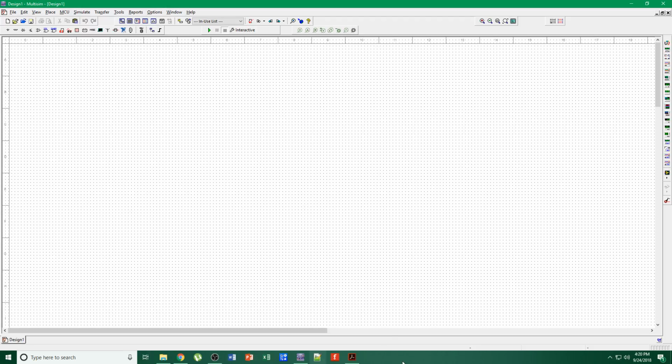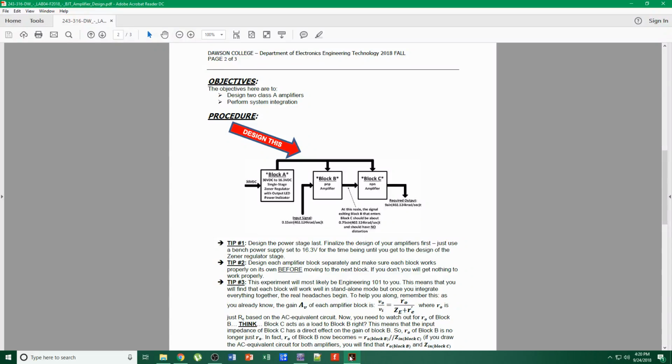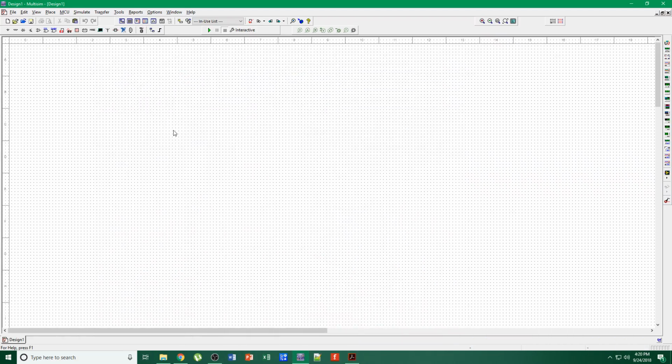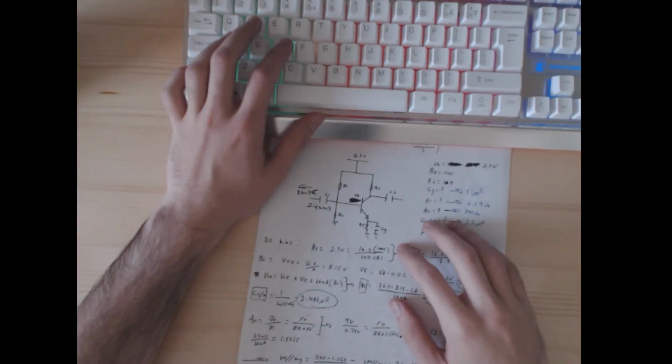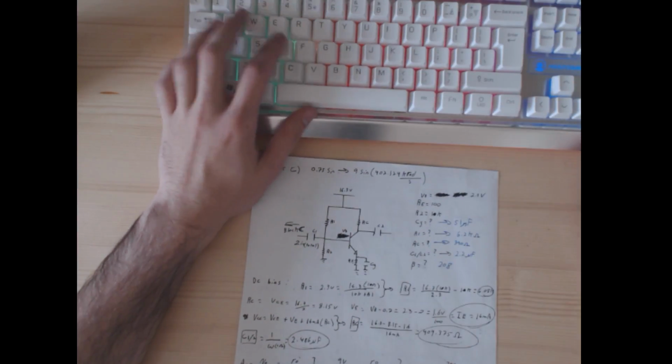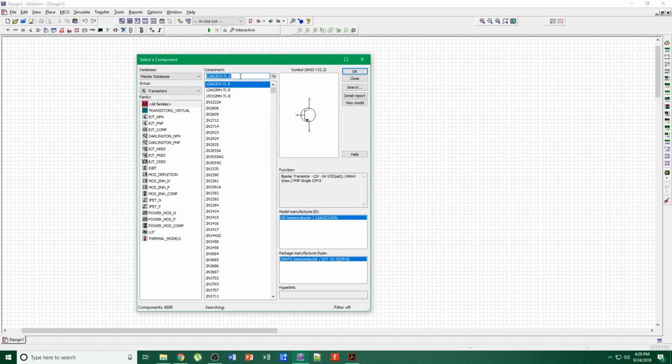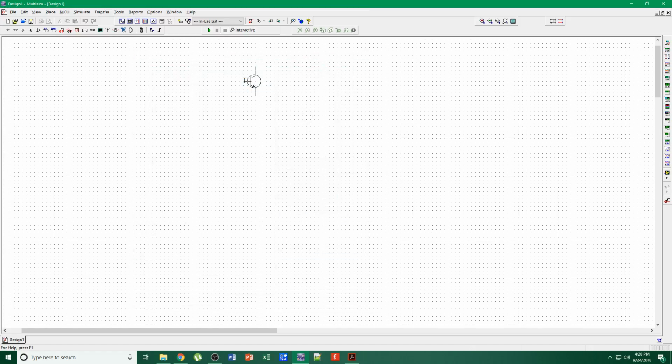Okay, so we begin. We need to make a PNP and NPN. Move this over here. So we'll begin with block C. First need a 2N, 2N-A.